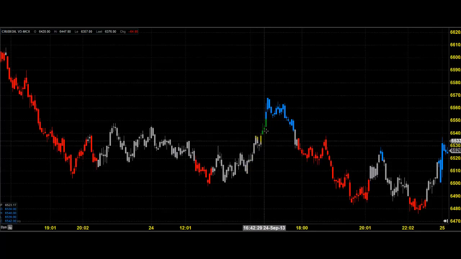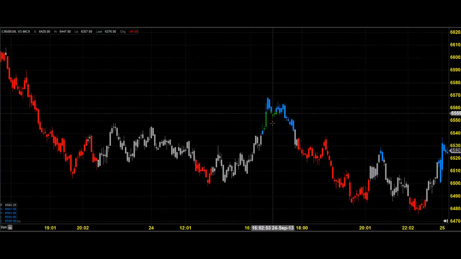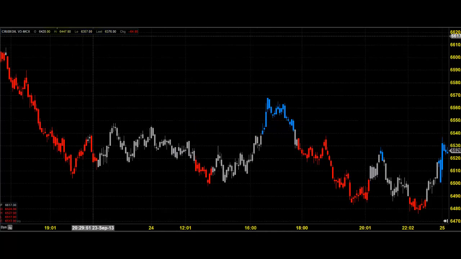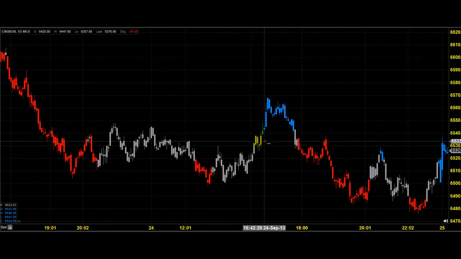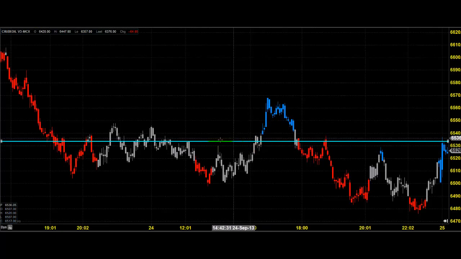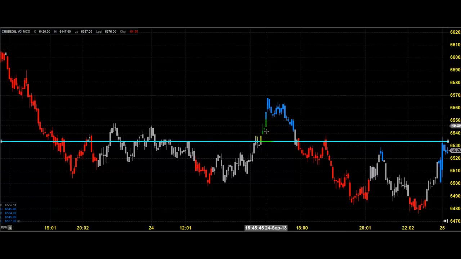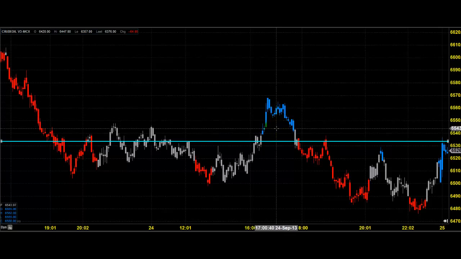Breakout means the price is breaking the resistance. For example, I will explain clearly. If this is the resistance line, and the price is breaking this resistance and moving up, it is called breakout.